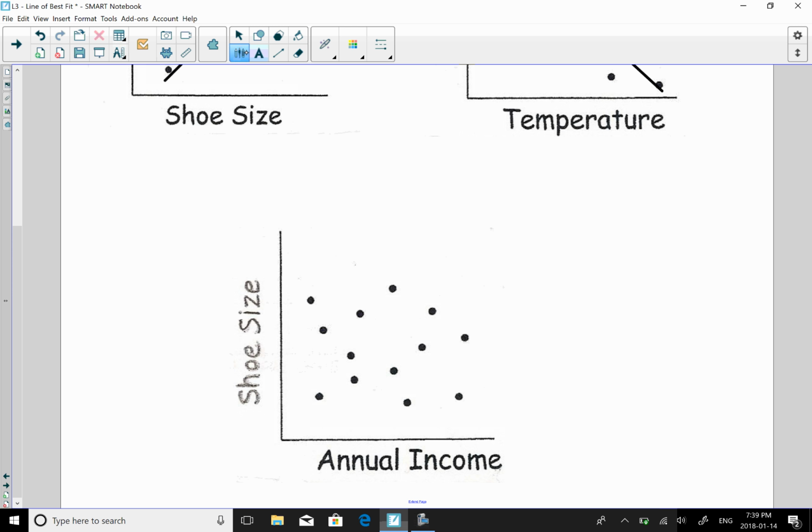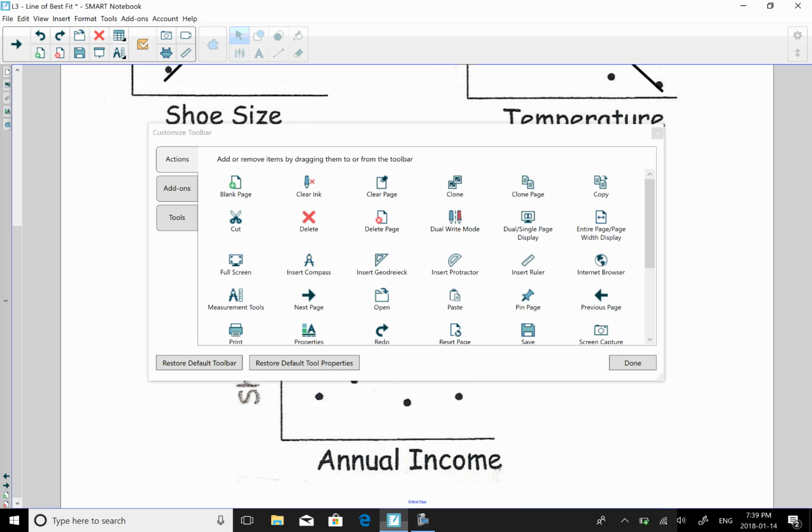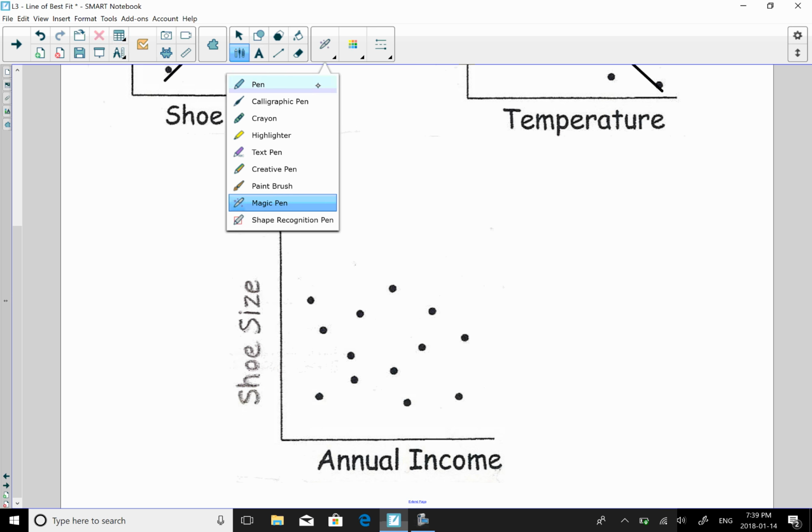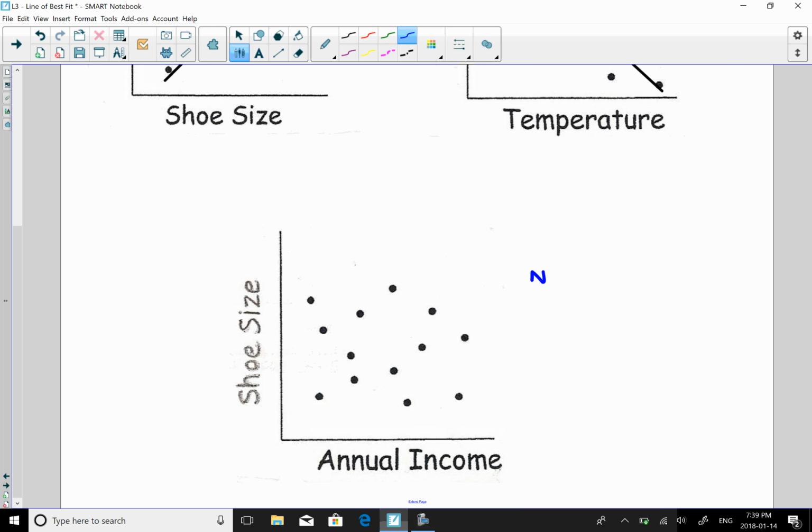So there's no trend, so it's impossible to draw a line of best fit. Therefore, we are unable to draw a line of best fit.